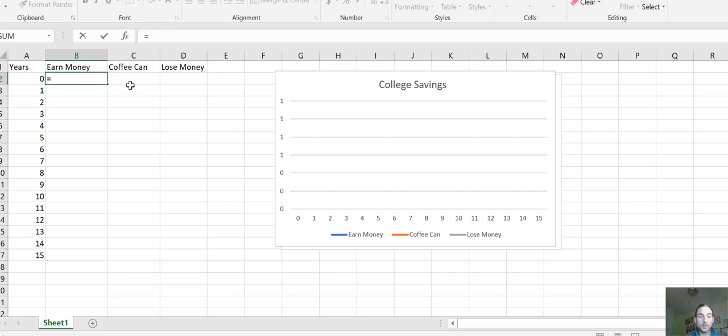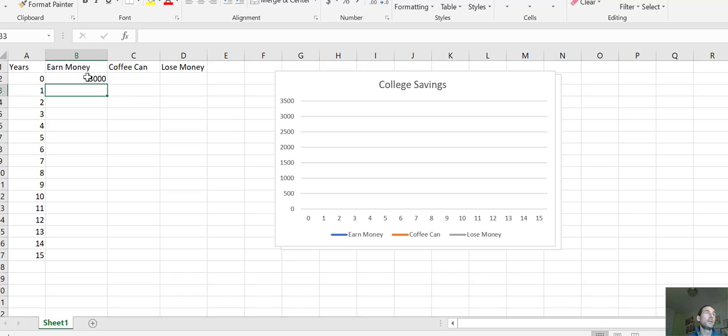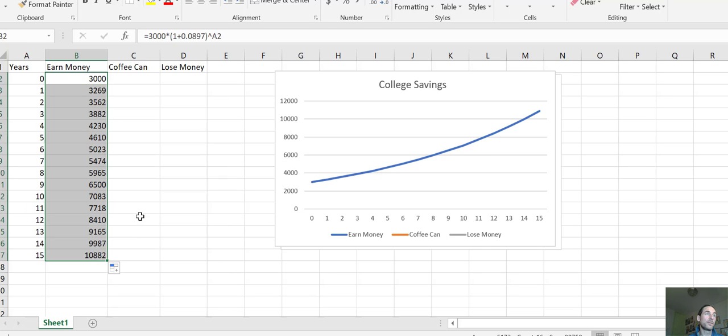So in here we go equals 3,000 star parenthesis 1 plus 0.0897, right? But then it's to the power of the years, this column here, enter, right? And I can click on that, take the little bottom right, hold down the left click on my mouse and just drag that down there, right?